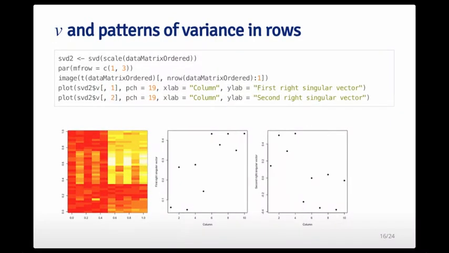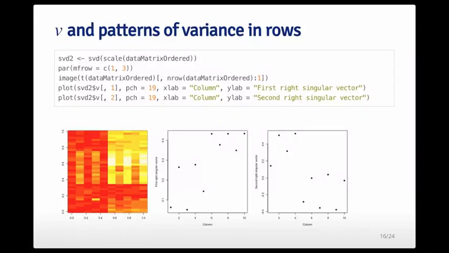So if we run the SVD on this new matrix with the 2 patterns, I've got the data here on the left. In the middle panel, I've got the first right singular vector, and you can see it roughly picks up the block pattern. The first 5 are somewhat lower, and the second 5 are somewhat higher.